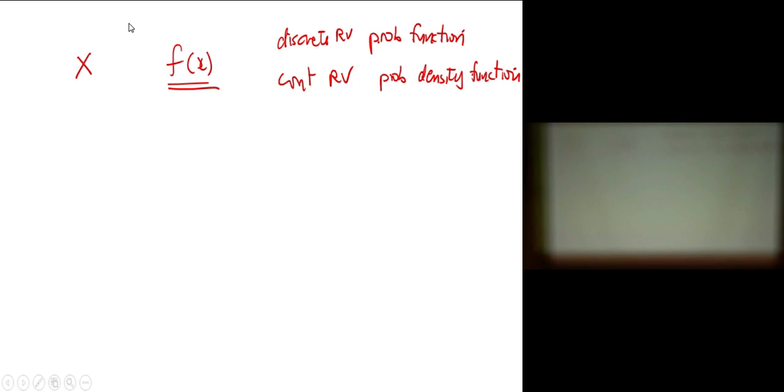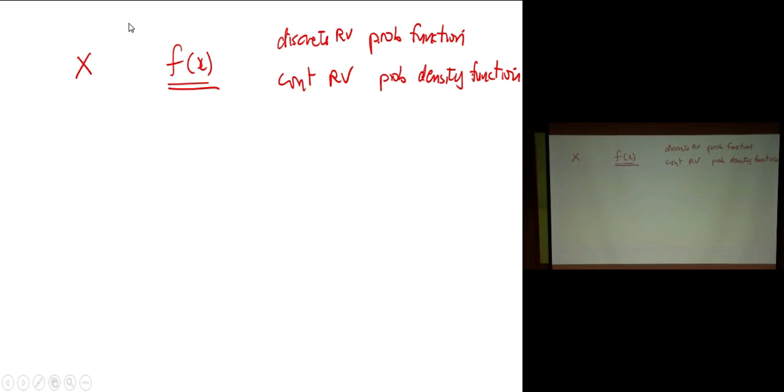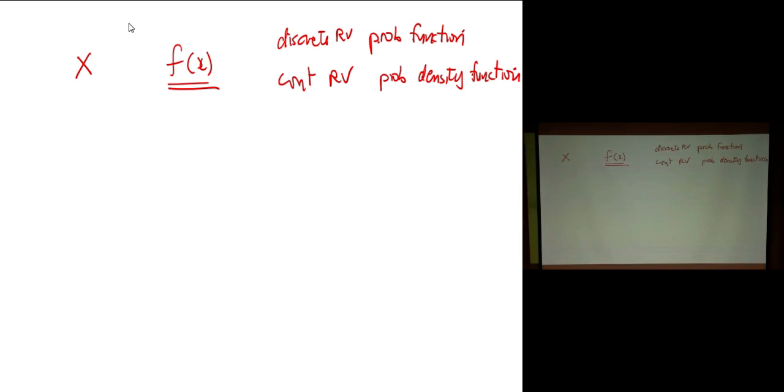All right, so this function tells you everything about the behavior of the random variables. It consists of the range of the x value, as well as how the probability function behaves.